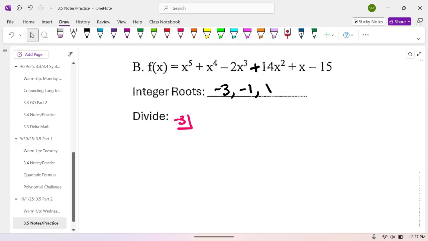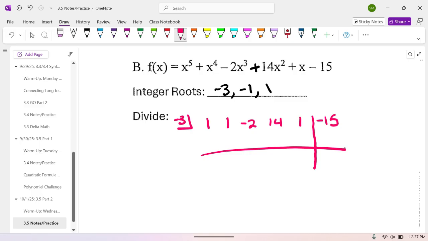What's the coefficient for the first one? 1. Okay, so 1 is the first coefficient. There's nothing there in front of it. What's the next one? Then, not just 2, but -2, then 1. Good. Now, are you guys pretty solid on synthetic, or do I need to go slow with this?